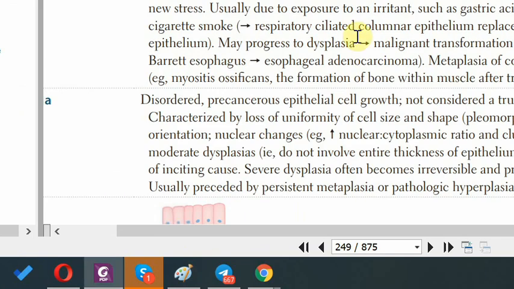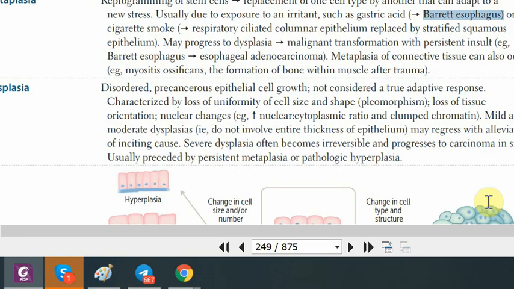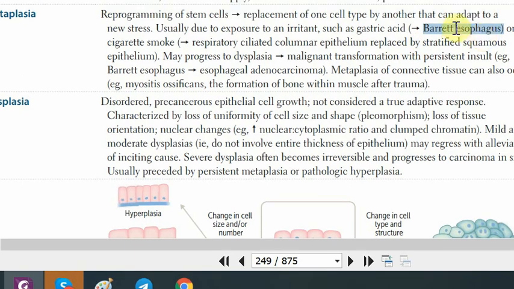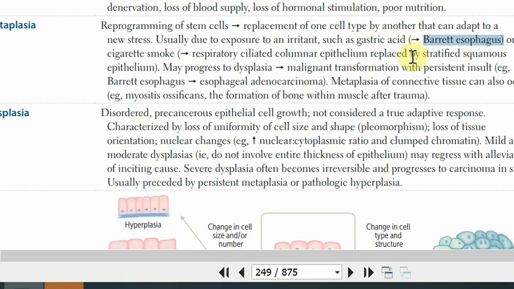Is it cancer? No. It's not cancer yet. So is it reversible? Yes, you have to know that everything I'm going to tell you today is reversible except 2 things. Wait for them. So, okay, that was Barrett esophagus due to the persistent stressor of gastric acid.